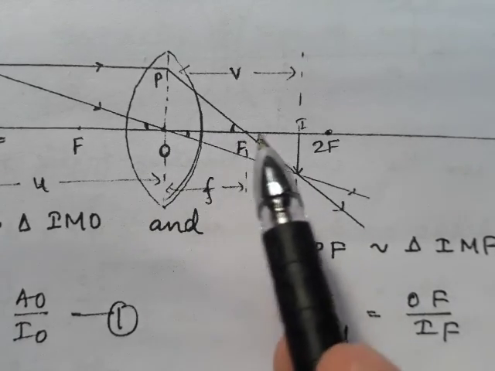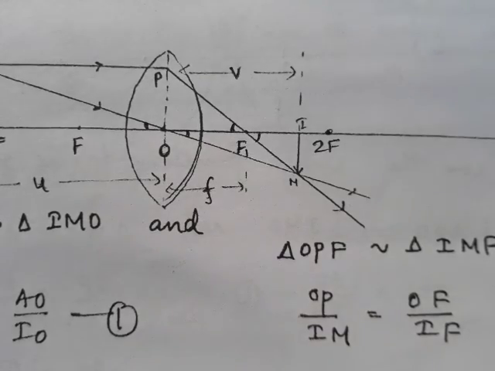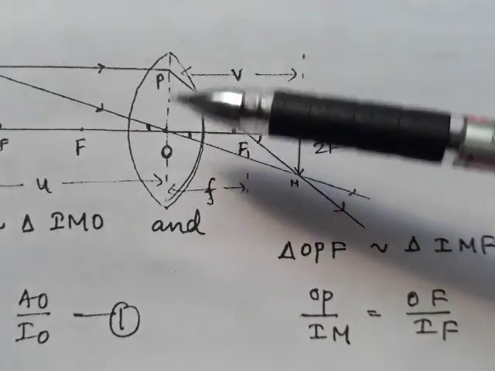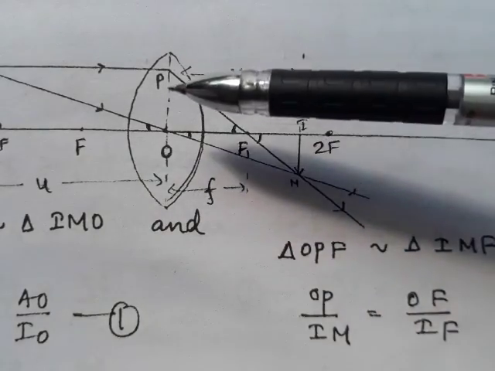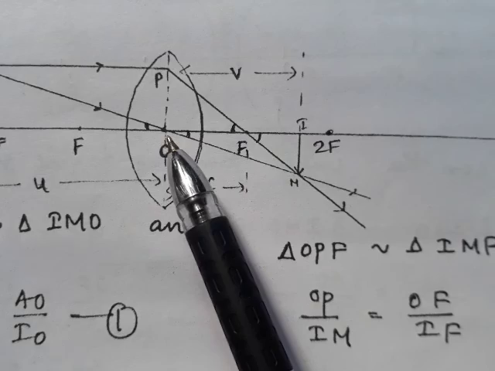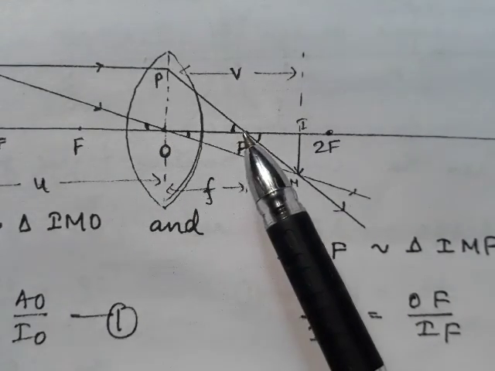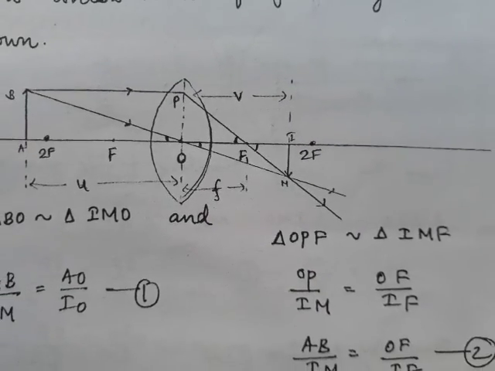They also share the same angle, so they are also similar triangles. From that also we can write, this side OP divided by this side IM is equal to OF divided by IF. That is equation number 2.